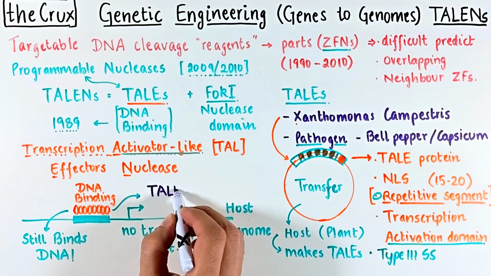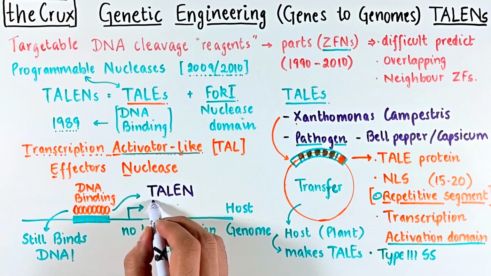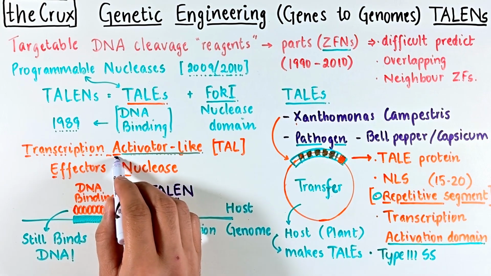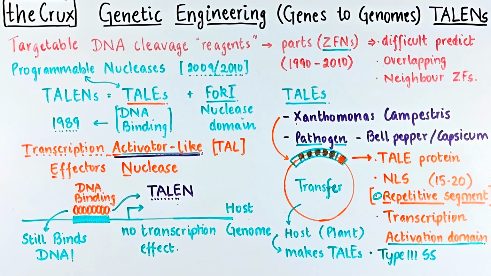All other parts are removed. So in TALENs, when you see that it is called a transcription activator-like effector, it does not actually have an activation function. It simply reflects that the repeats are derived from a protein that originally has that activation function. Since TALENs rely on these domains, let's try to understand how they function.